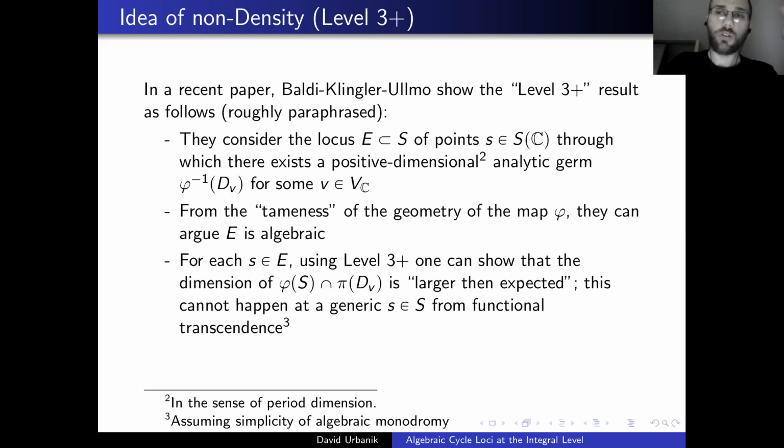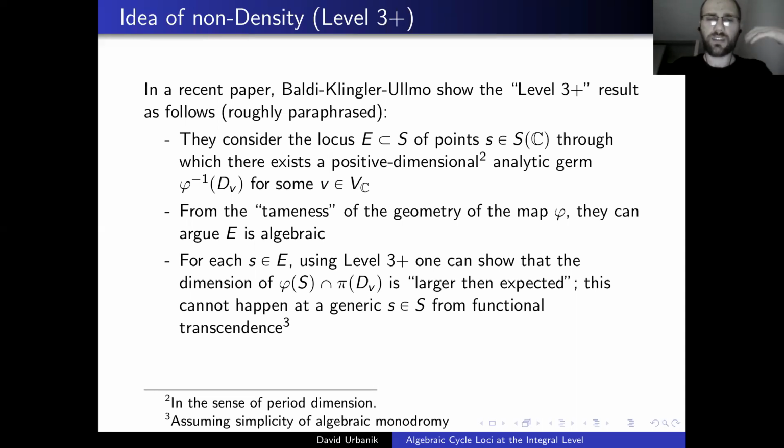And what you can show is that this intersection actually has to be larger than you would expect from computing the codimensions of the image of S and the codimension of D sub V alone.